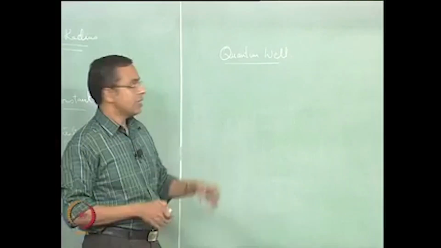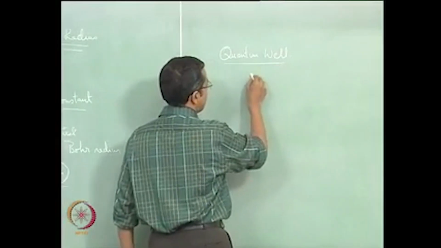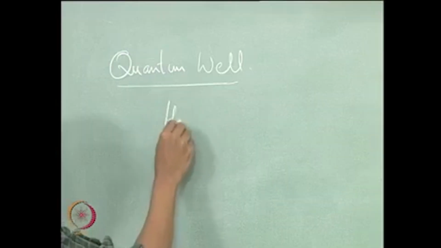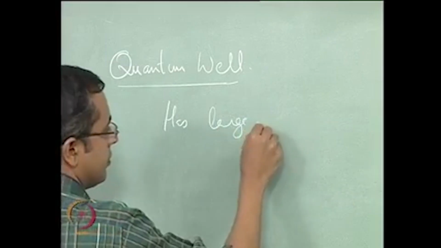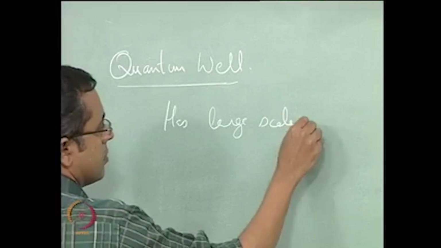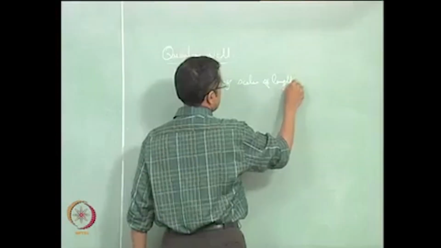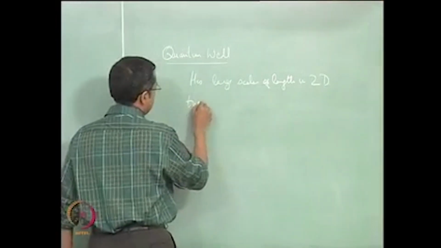So when you do that, what you have got is a material which has large dimensions in 2 dimensions, but it is very thin in 1 dimension.